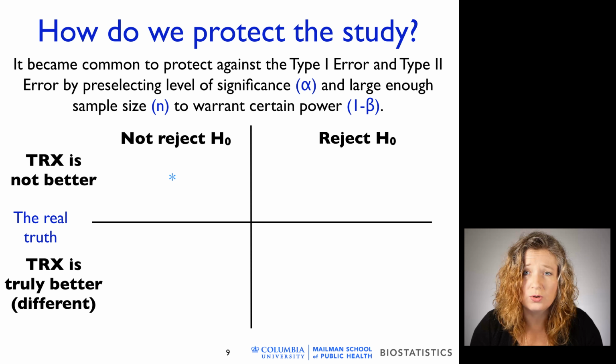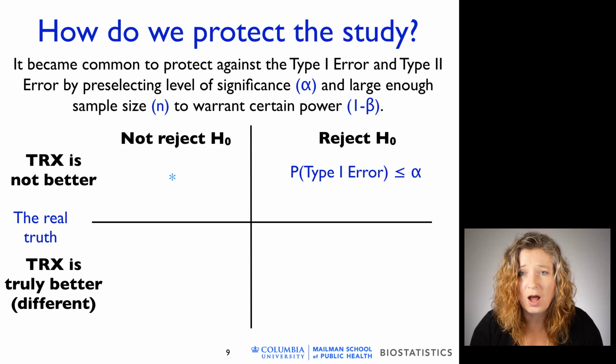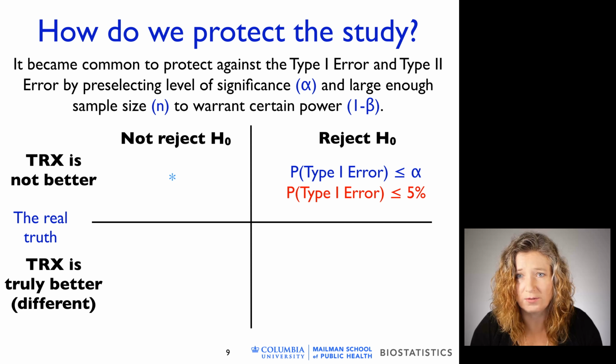If we decrease type 2 error, type 1 error will increase. So what we do is we actually first take care of type 1 error. And we take care of type 1 error by pre-selecting the level of significance alpha. Most commonly, we pre-select the level of significance alpha to be 5%. And the hypothesis tests are done in such a way that they always guarantee that the probability of type 1 error will be at most equal to the pre-selected level of significance, 5%.